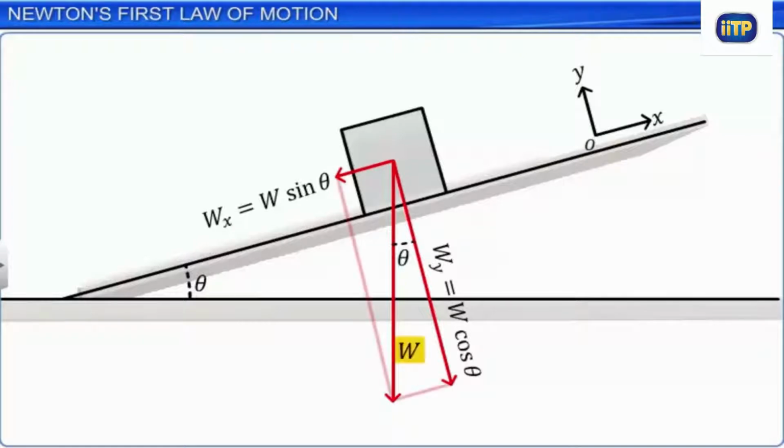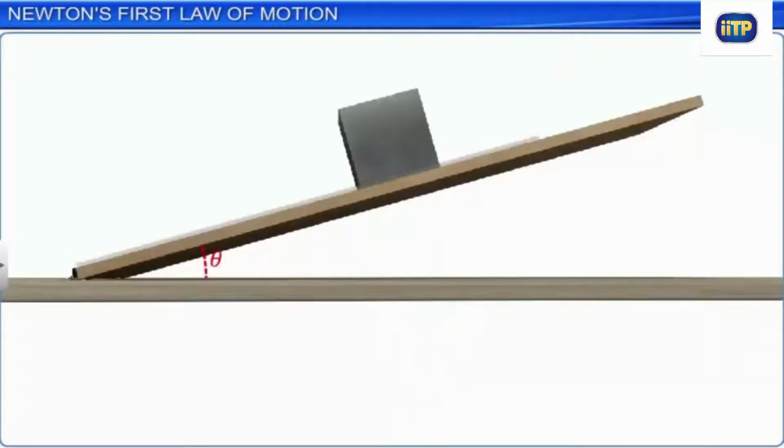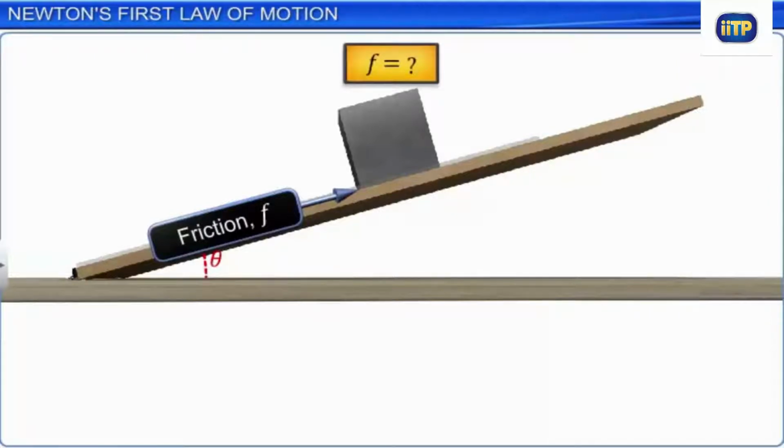As W and theta are known to us, Wx and Wy can be calculated. At the point of impending motion, the iron cube has the tendency to slide down, but is prevented by the frictional force, F, between the glass surface and the surface of the iron cube. How do you find the magnitude of this frictional force, F?